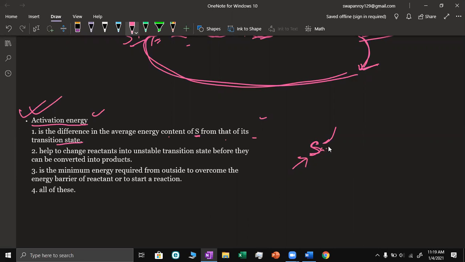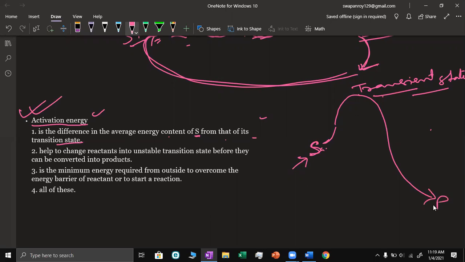Only then will this substrate undergo the chemical reaction. This is a transient period, a transient state for a short while, and then it is produced into a product.